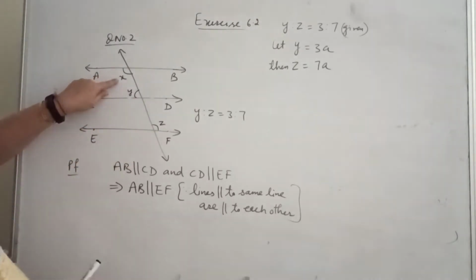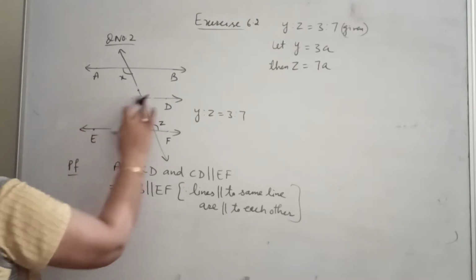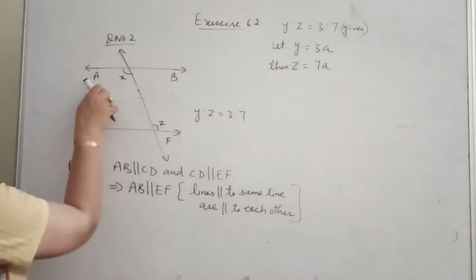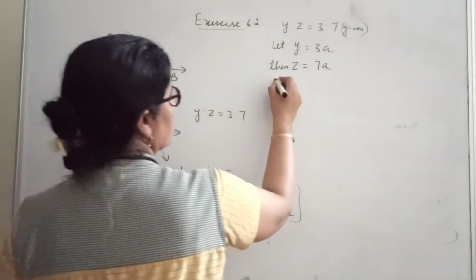Now how will we get X? See, these lines are parallel. Forget this for some time. These lines are parallel and this is the transversal. So angle X and Z will be equal. Reason, alternate interior angles.